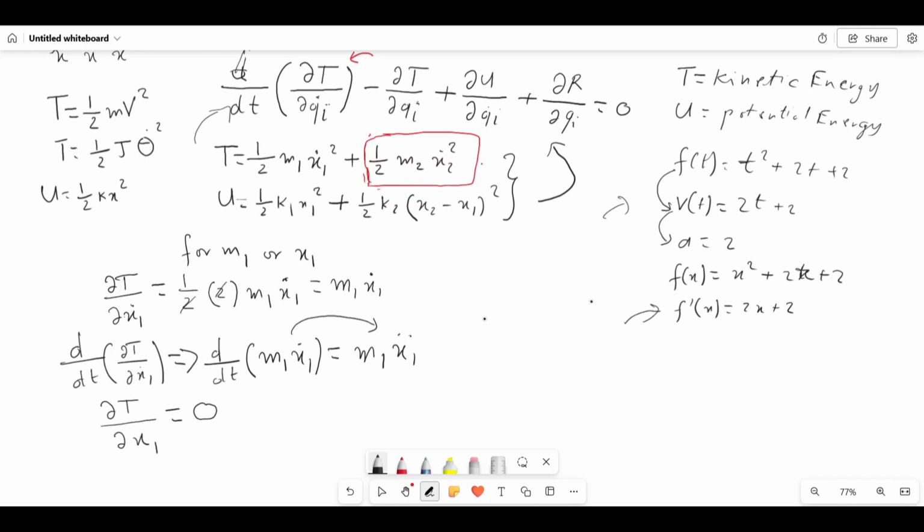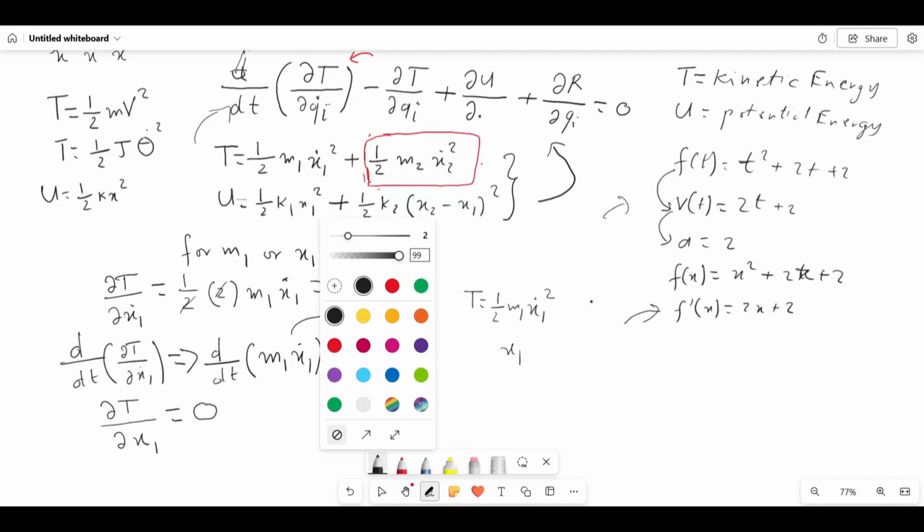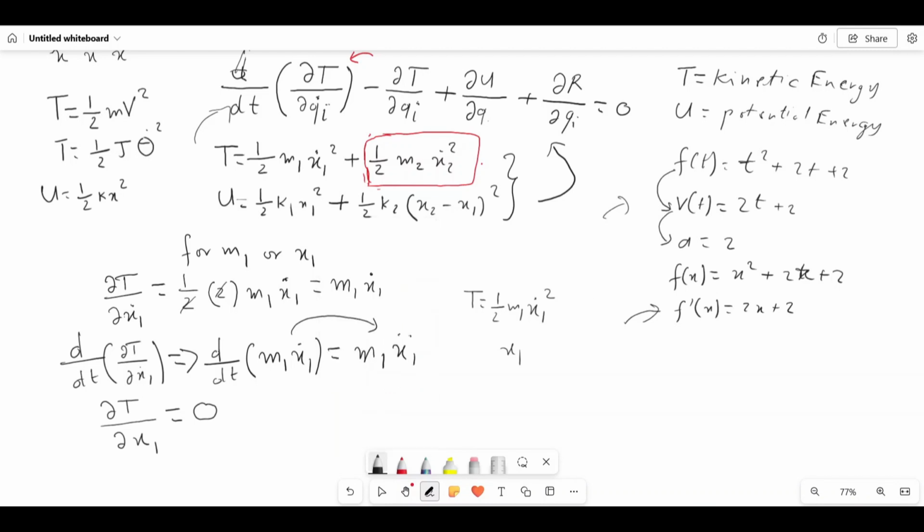Okay, I was saying, if you look at the kinetic energy T, it says half, let's say m1 only, m1 x1 dot square. But here they say x1. That's what the formula says. There's no q dot here. There's only one dot in the formula, which is this one. Let me erase, maybe it's getting someone confused here. The formula says q, I'm just writing i here.